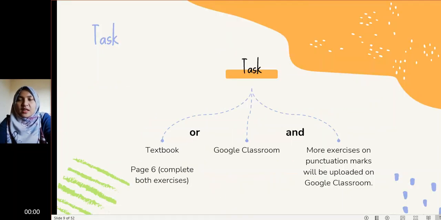So that's all for our lesson today. This is a very simple lesson. For your exercise or task, you can look at your textbook page 6. There are 2 exercises there, so you have to complete both exercises.